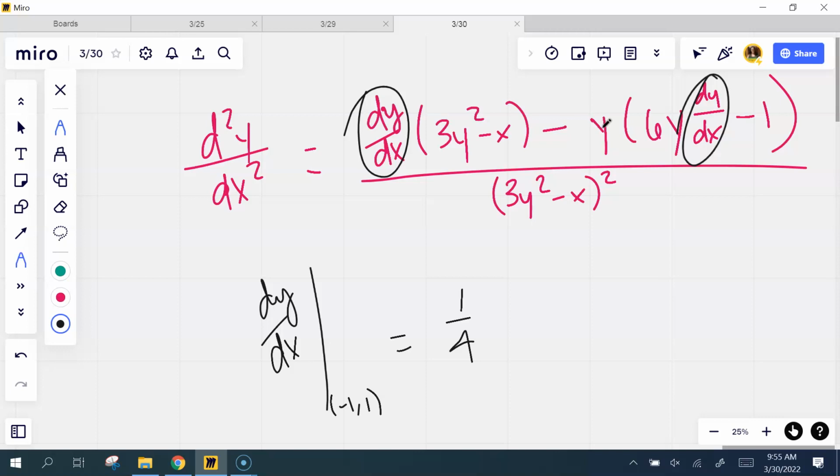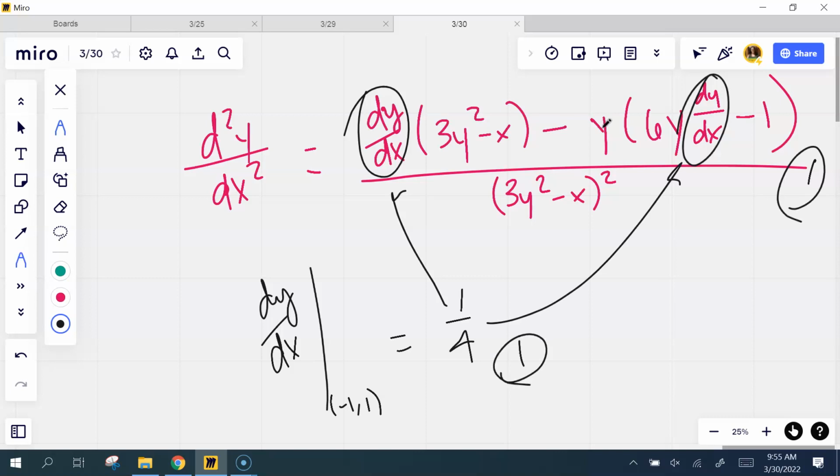I plug in my x and my y values here, right? Simplify it down. It's a whole lot. If you sub this in for dy dx somewhere, that's another point. So 1 point for subbing in dy dx into your implicit differentiation, then 1 point for the answer. 1/32 was the answer once you plug it in.